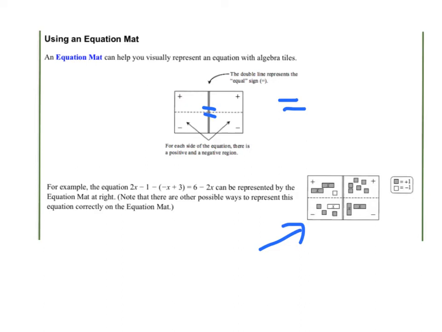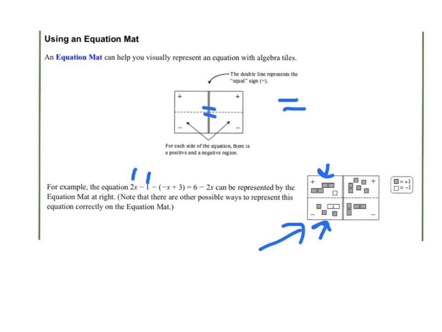Looking at these terms, we have 2x and a minus 1 on the plus side of the mat. And then it says minus, and in parentheses, negative x plus 3. So that means on the minus side of the mat, you would have a negative x and 3 positive 1s right down here.